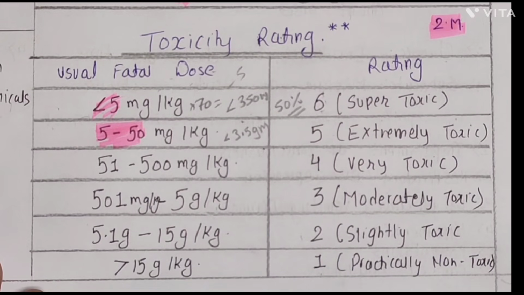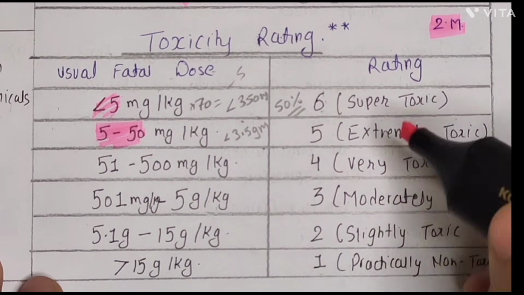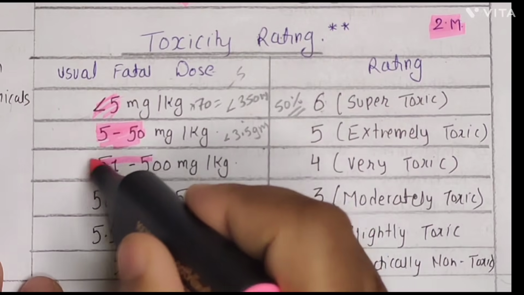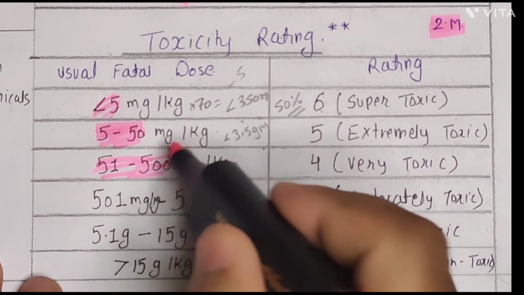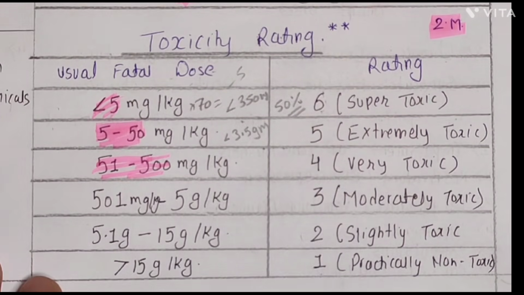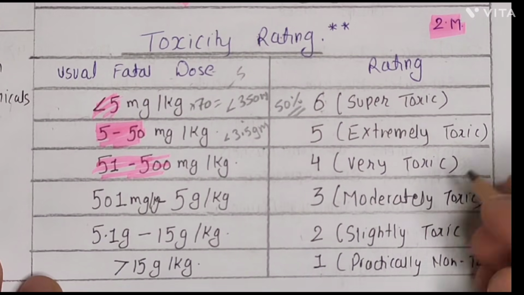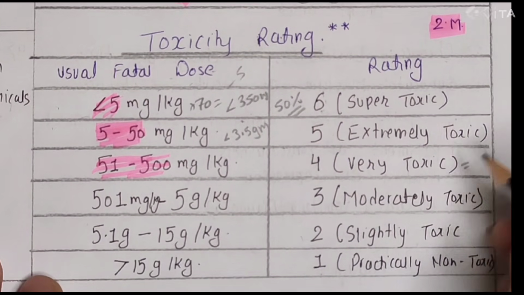Then similarly, as the concentration gets diluted, the ratings decrease. If some compounds are taken at a concentration of 51 to 500 mg per kg, then these compounds are categorized as very toxic compounds.